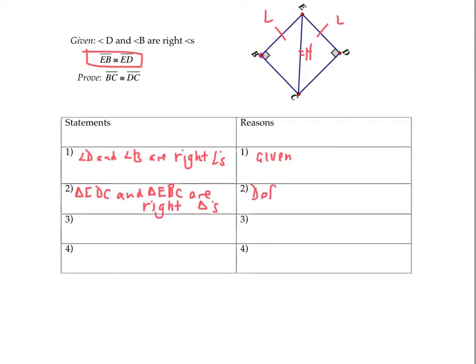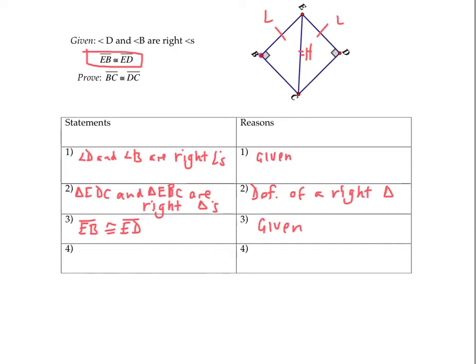And we know they're right triangles just by definition of a right triangle. It has a right angle in it. Okay, in the next step, go ahead and include the other piece of given information, that EB is congruent to ED. I guess we could save a step if you wanted to include that in step number 1 as well.